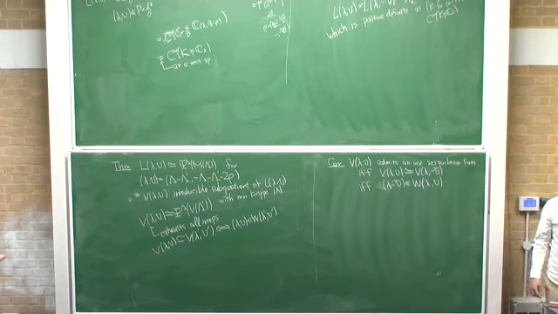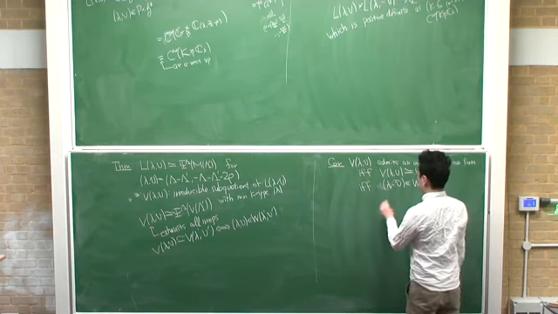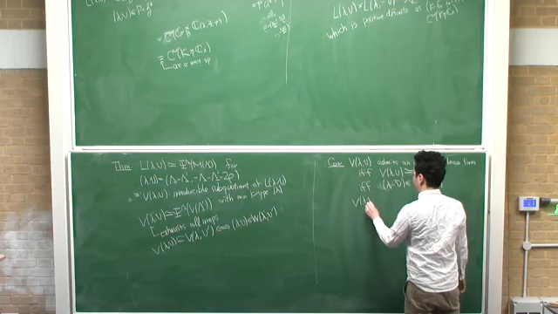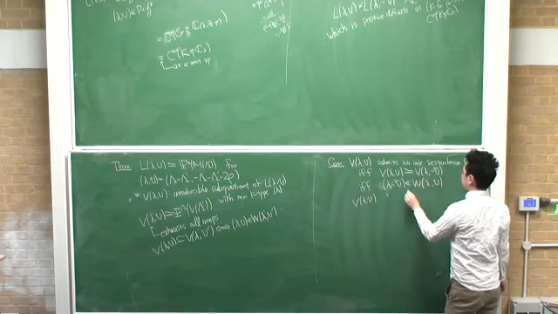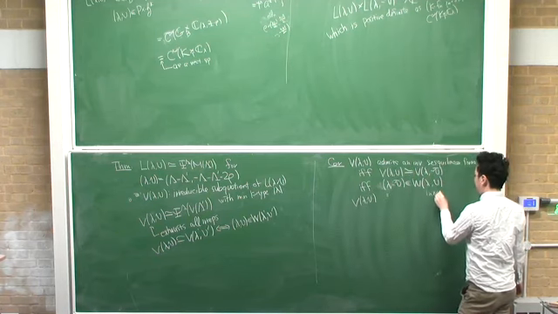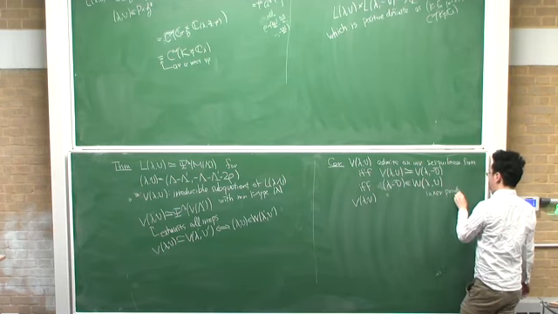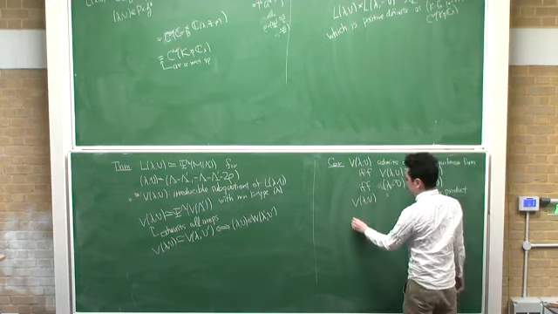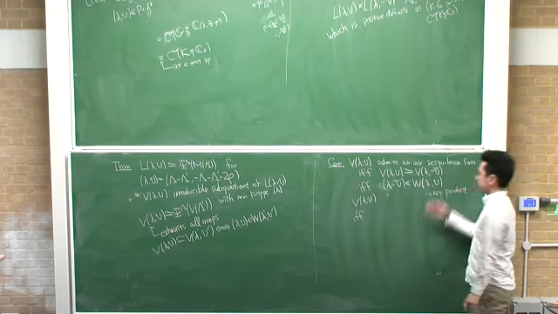Okay. And also the V lambda nu admits an invariant inner product if and only if, of course, we need to have this.